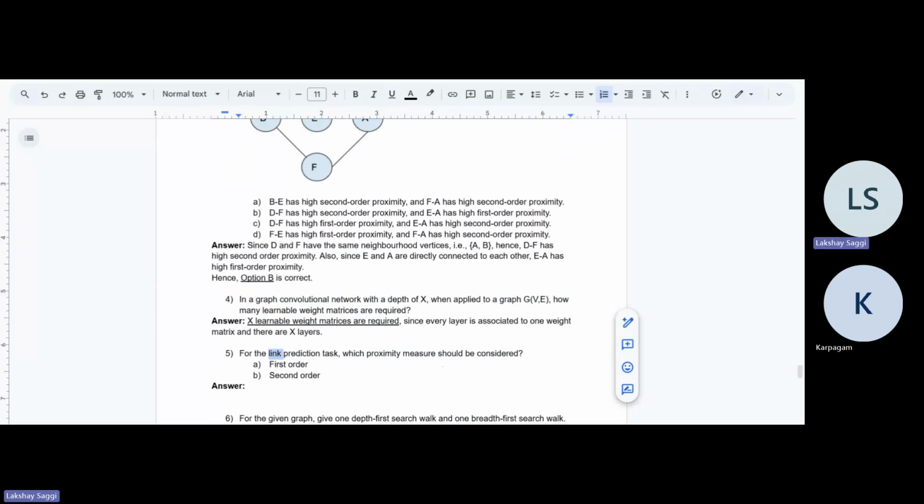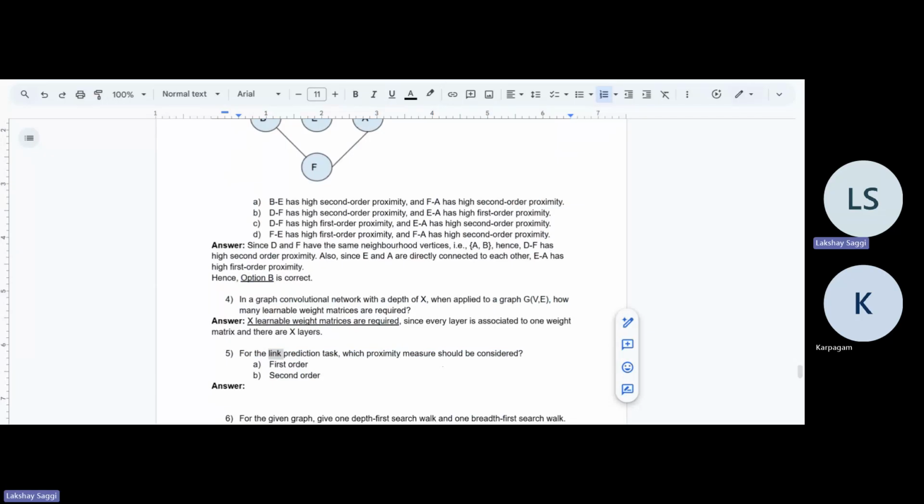So which proximity measure would work here? First order won't work here. What is the first order proximity measure? In first order proximity, if two vertices have an edge between each other, then they are first order proximate to each other.